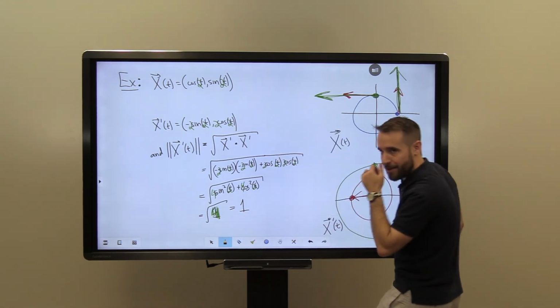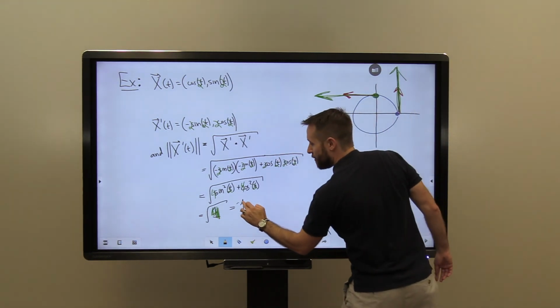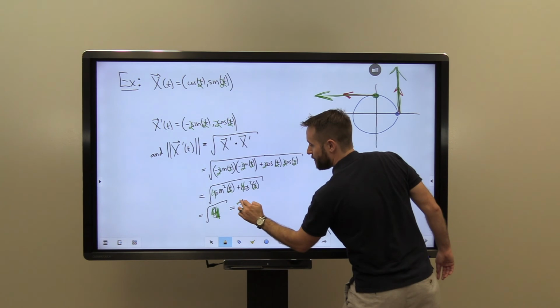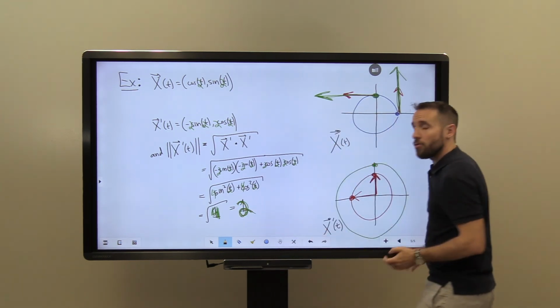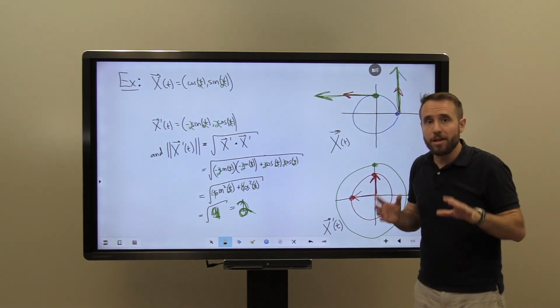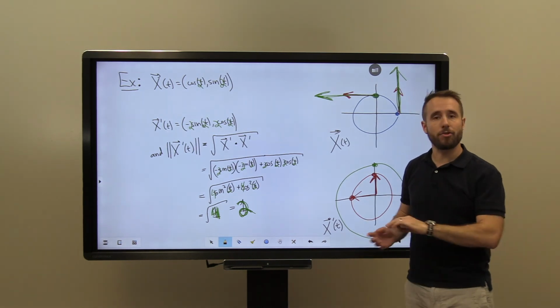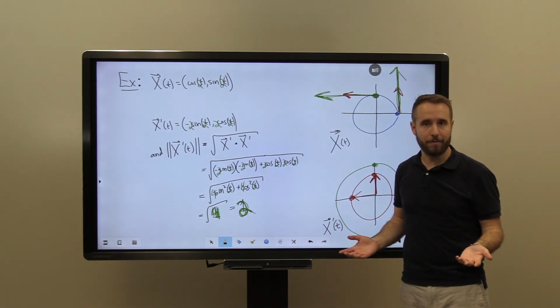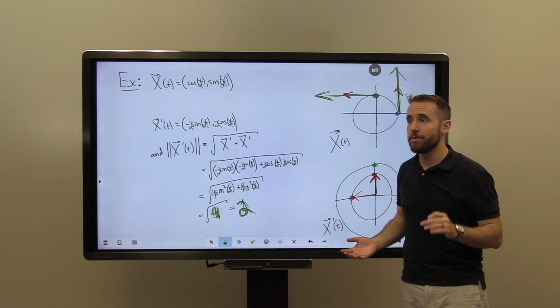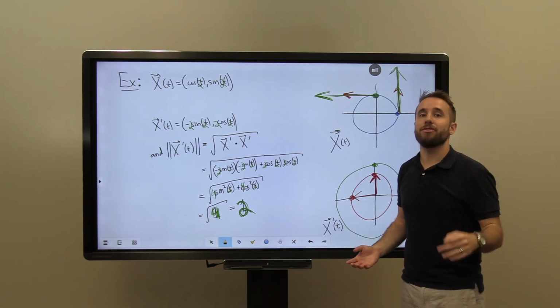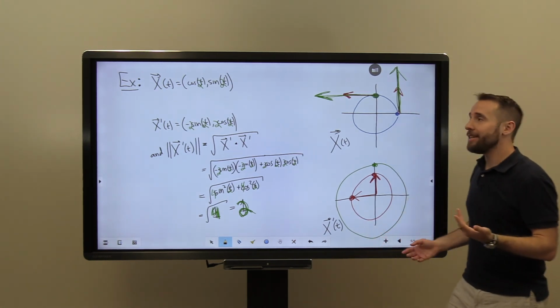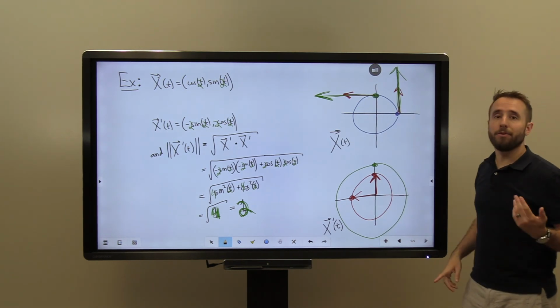So our new speed is the square root of 4, which is just 2. And so what we see is that this reparameterization really does trace out the same curve, the same locus. It's still the unit circle. It just does it at twice the speed. And indeed, these velocity vectors have doubled in size.